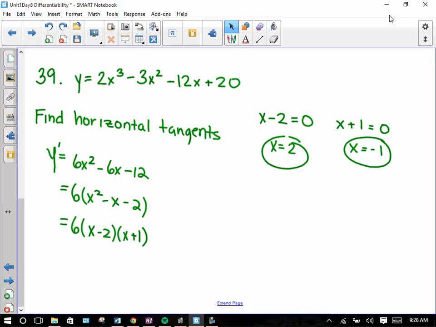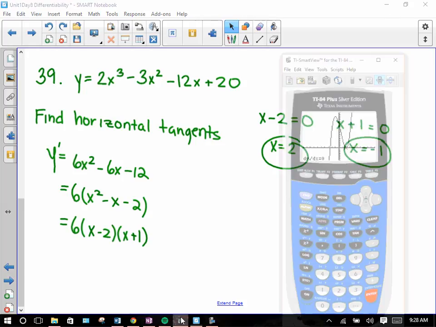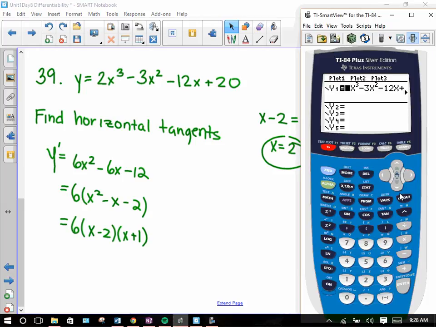Alright, so first things first, it says you can use a calculator on this one? Yeah. Alright, so what did you graph when you graphed this? Did you graph the actual function, or did you graph the derivative?